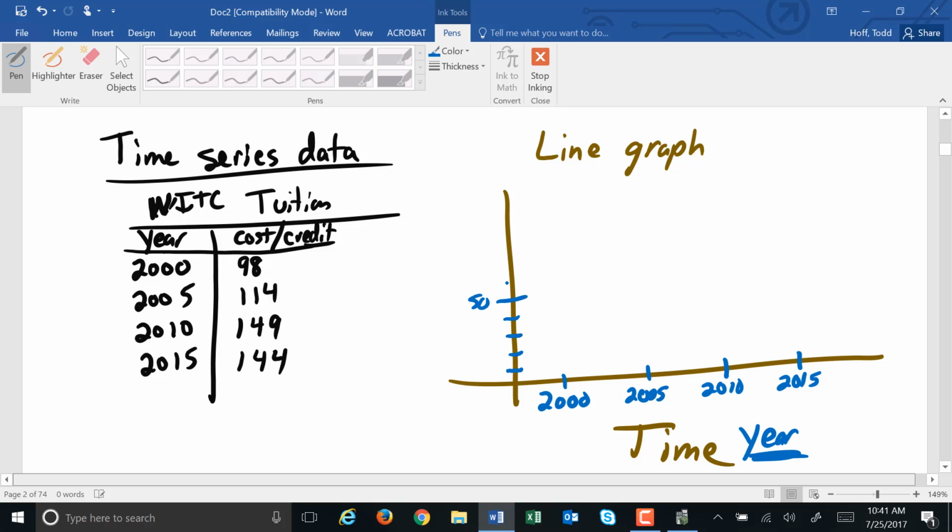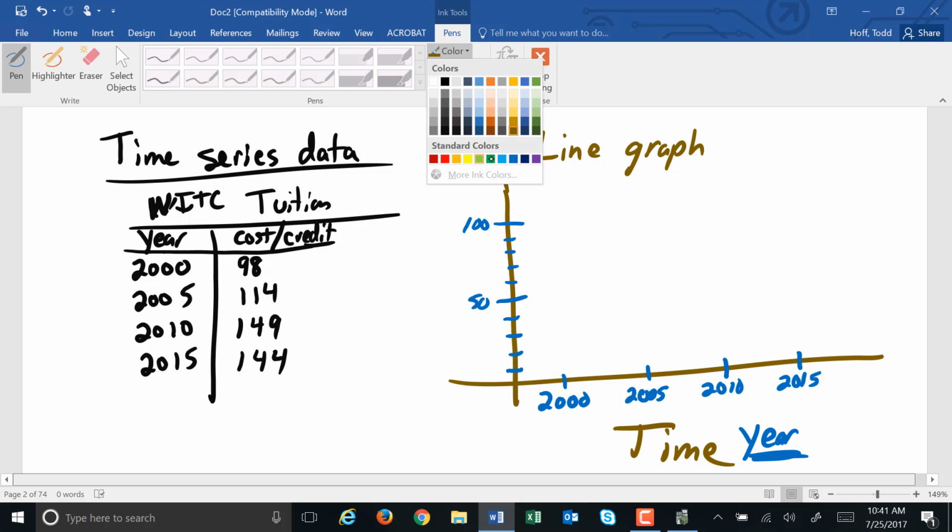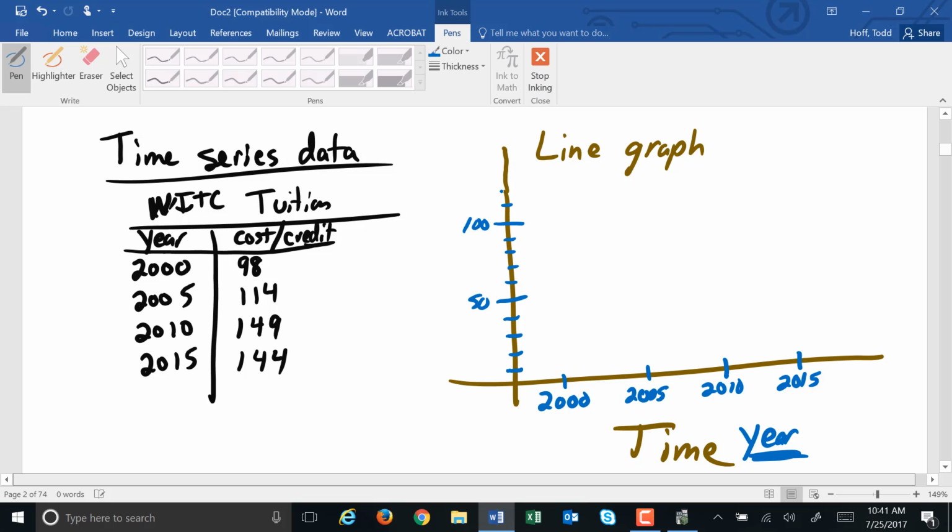50, 60, 70, 80, 90, 100. Might have to extend it a bit. 10, 20, 30, 40, 150.